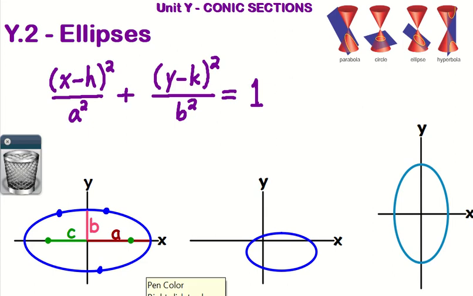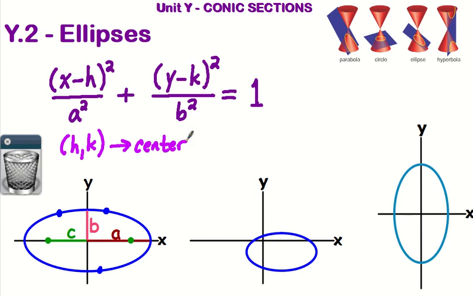So first of all, we have this h and k value again, where h comma k, what do you think that's going to represent? That's right, the center of the ellipse. So in this basic example, it looks like we're centered at 0, 0. And so h can be 0 and k can be 0, but they don't have to be.